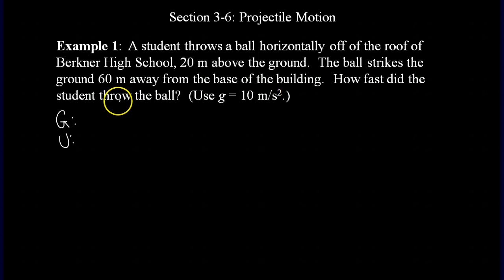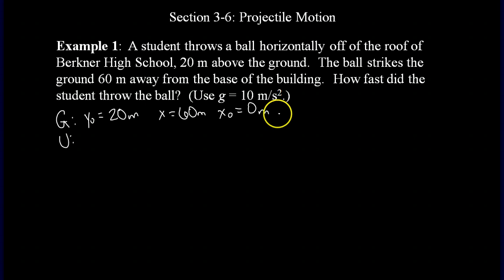If you look up there, we can see that the initial vertical position of the ball is 20 meters. Okay, the final horizontal position of the ball is 60 meters. We would assume the initial horizontal position of the ball should be 0 meters.